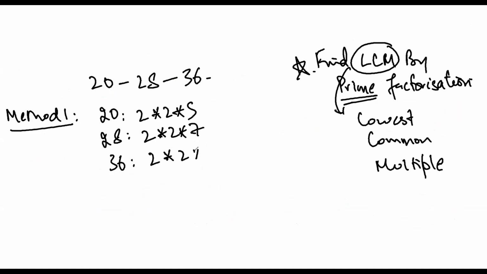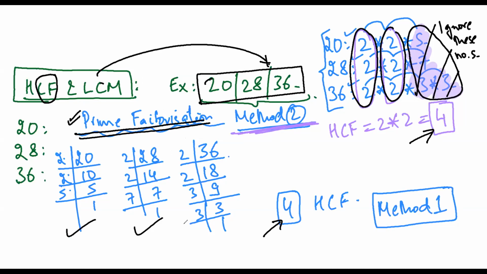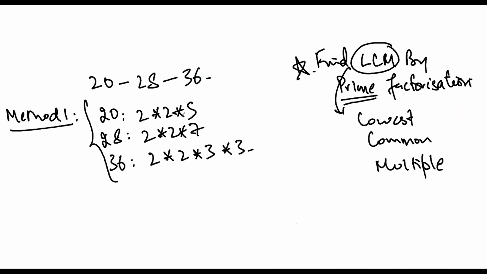This is the method which we did here also. Now, when I have to find LCM, this is where the confusion will start. See, these are the common factors that I see. Is it okay? Yes, sir.